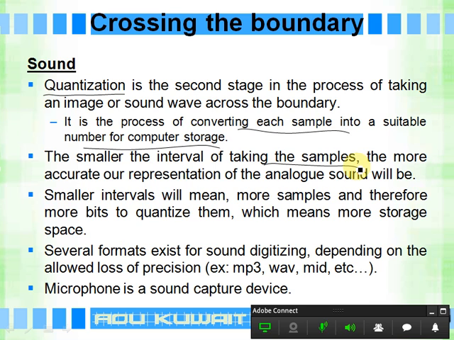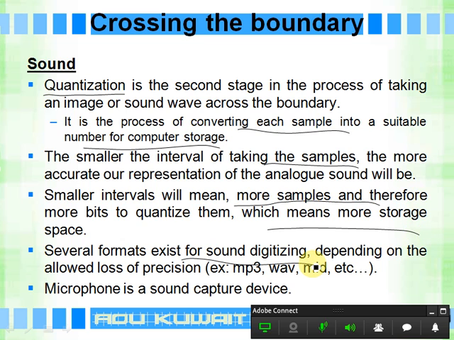So if it is 10 samples in 1 second, you are going to take a sample at every fixed interval. If you have 50, it is more accurate. So smaller intervals mean more samples you will take. Smaller interval means more samples, and more samples means you need more storage.